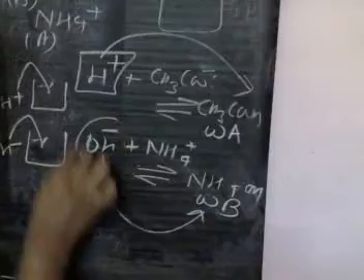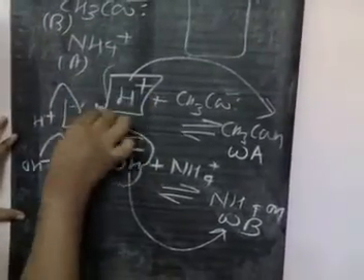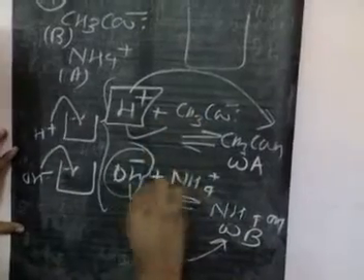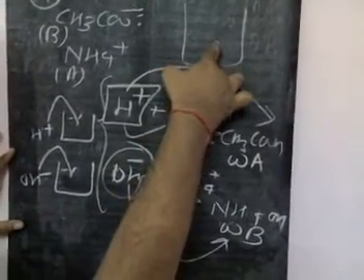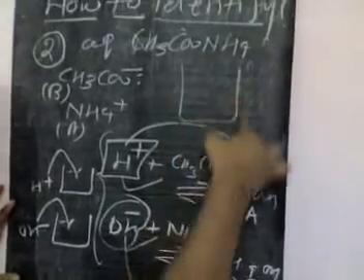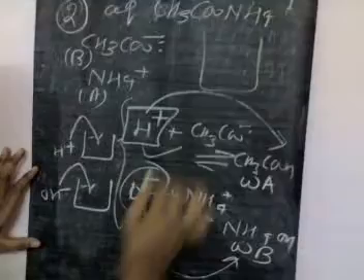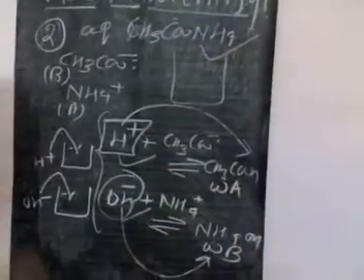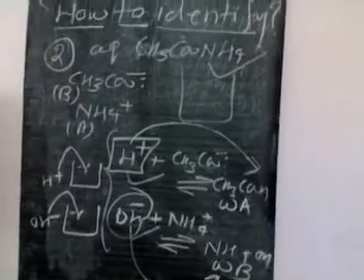So in this case also, OH minus is consumed. Here you can see both H plus as well as OH minus are consumed by this solution. So the change in the pH of this solution will be very slight. That's why we can say an aqueous solution of CH3COONH4 is a buffer solution.